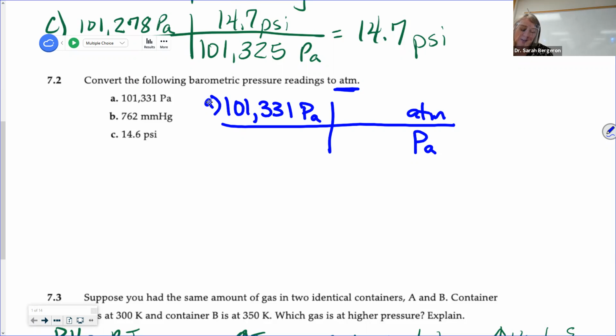What is it? 1 ATM is equal to 101,325 pascals. What do we get? How many sig figs?